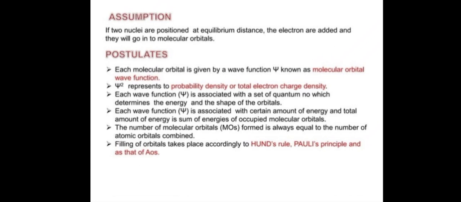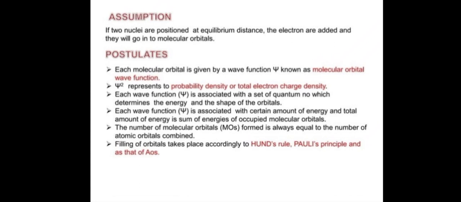The maximum capacity of a molecular orbital is 2, and the electrons are accommodated in a molecular orbital with opposite spins. And let us see how these molecular orbitals are formed.